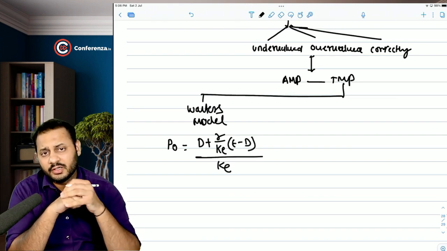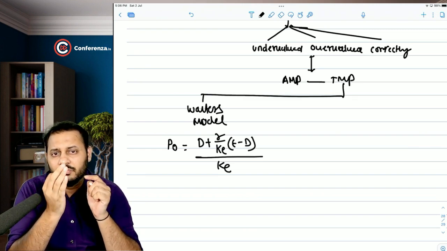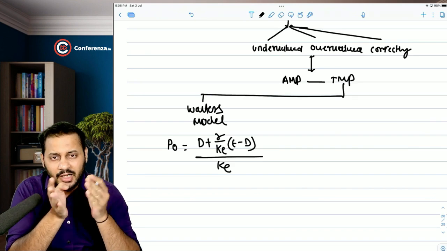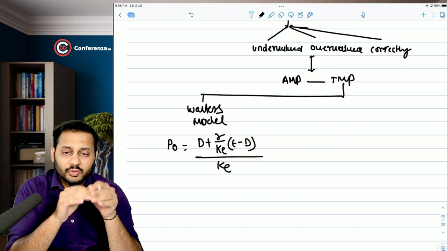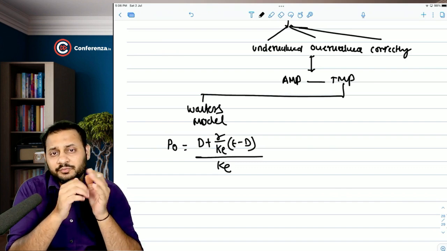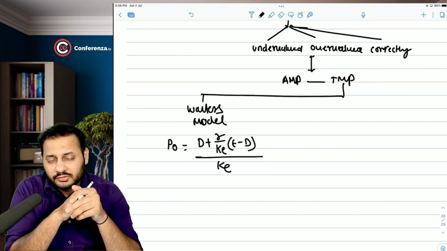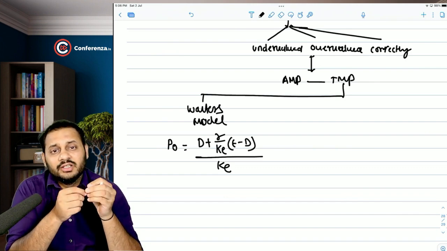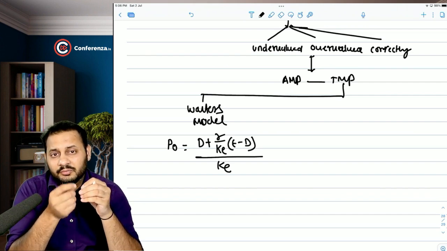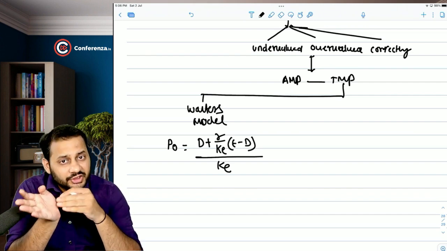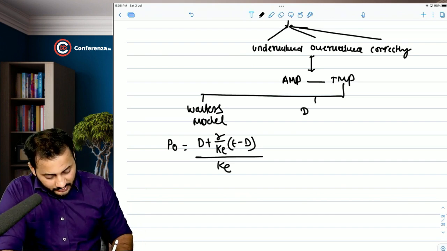If you remember, the numerator is entirely the earning per share: dividend and retained earnings. Retained earnings also have been improved so that we can include the extra return earned by the company, the more return earned by the company than the shareholders. Now we are going to discuss Gordon's model.